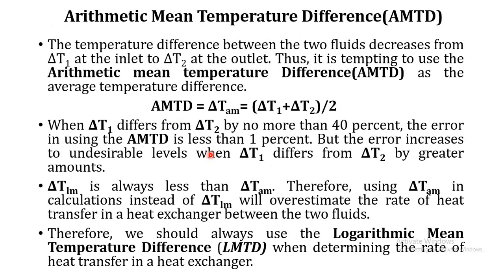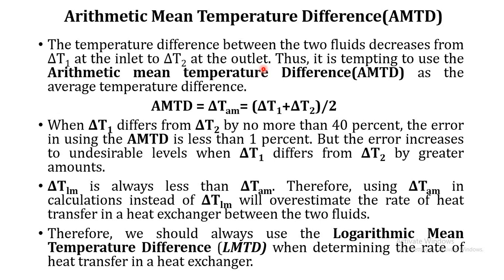We know that the temperature difference between the two fluids decreases from ΔT1, the inlet temperature difference, to ΔT2, the outlet temperature difference. From inlet to exit, this temperature difference decreases continuously.